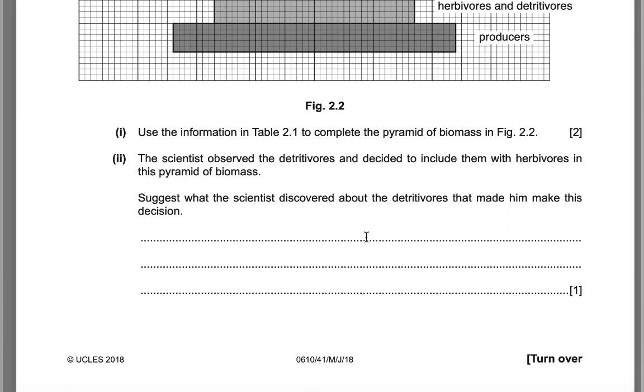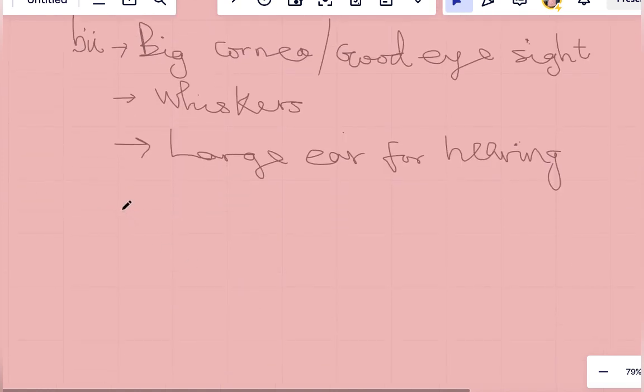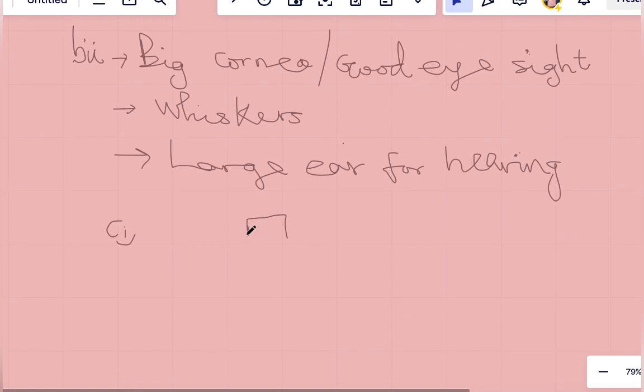So one of the reasons that would have made the scientists make this informed decision could practically be, see Roman figure 1, I say just add the carnivore in the pyramid of biomass, just something like this on top of the herbivores and the detritivores.